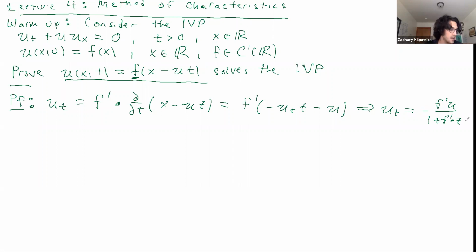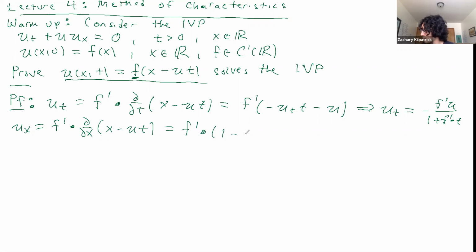So this needs to be canceled by the u_x term, and u_x is computed in a similar way. You can differentiate using the chain rule again. So again, you have x minus ut as your argument of this expression, and you get f prime times 1 minus u sub x t.